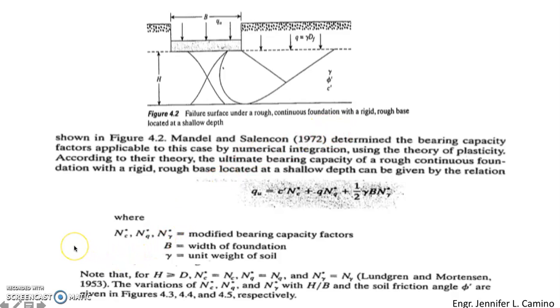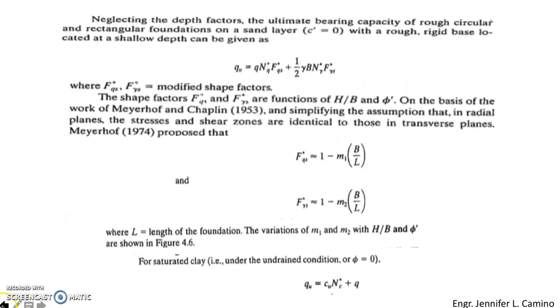The variations of N_c*, N_q*, and N_γ* with the ratio H over B and the soil friction angle φ are given in our figure respectively. So we have here the values for N_c* and N_q*, so that we can have the modified bearing capacity factors.